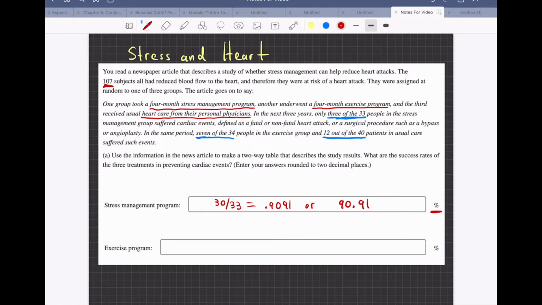And the same for the exercise program. 7 of 34 suffered, so 34 minus 7 is 27, divided by 34. That is 0.79, or 79.41%.